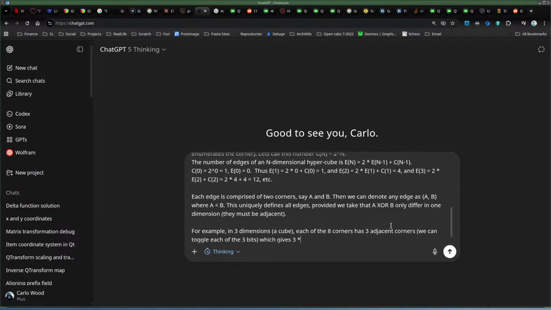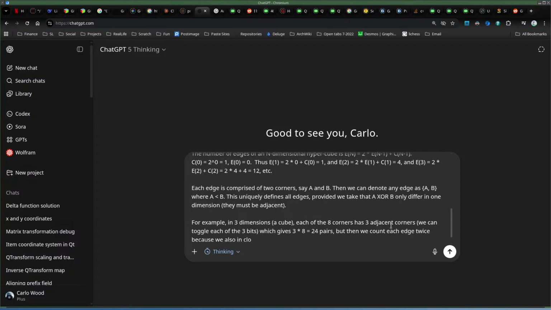Which gives 3 times 8 is 24 pairs, but then we count each edge twice because we also include B, A. And the total number of ordered adjacent corner pairs is 24, so divided by 2 is 12.